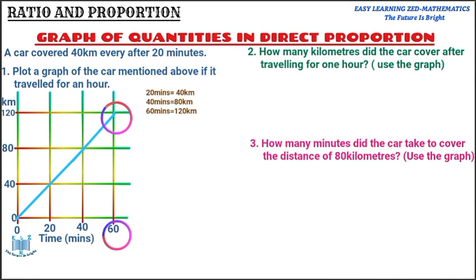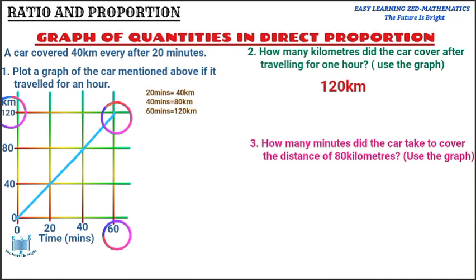So that means in 60 minutes the vehicle covered 120 kilometers, the one I've circled there, because that's where the light blue line is meeting both of those lines. So meaning the vehicle covered 120 kilometers.